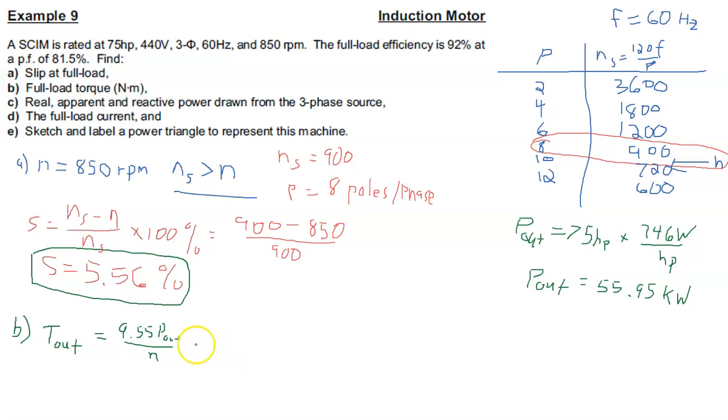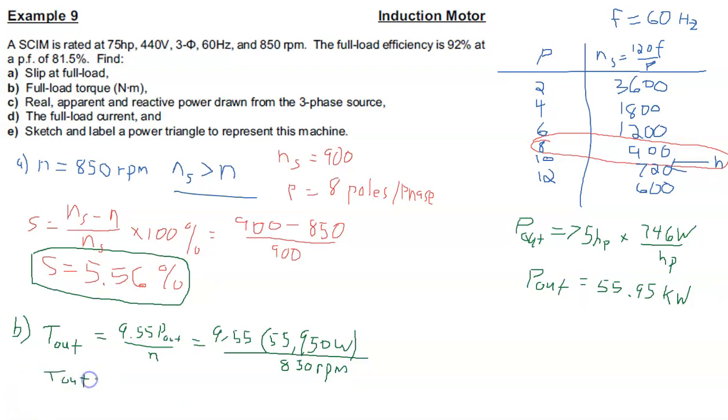In any event, if we're calculating torque, 9.55 multiplied by 55,950, and divide by the running speed, which is the number that was given to us, 850 RPMs.